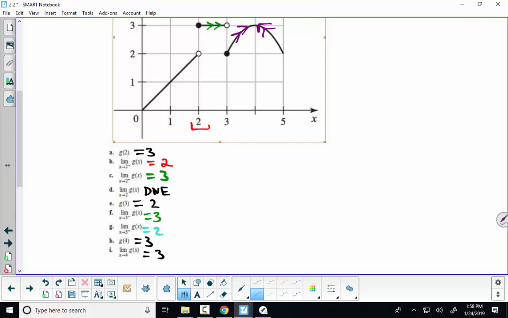So this kind of gives us some insight on a piecewise function. If I gave you just some piecewise function defined however it is, let's say it's 2x for x smaller than or equal to 1, and 5x minus 1 for x larger than 1.